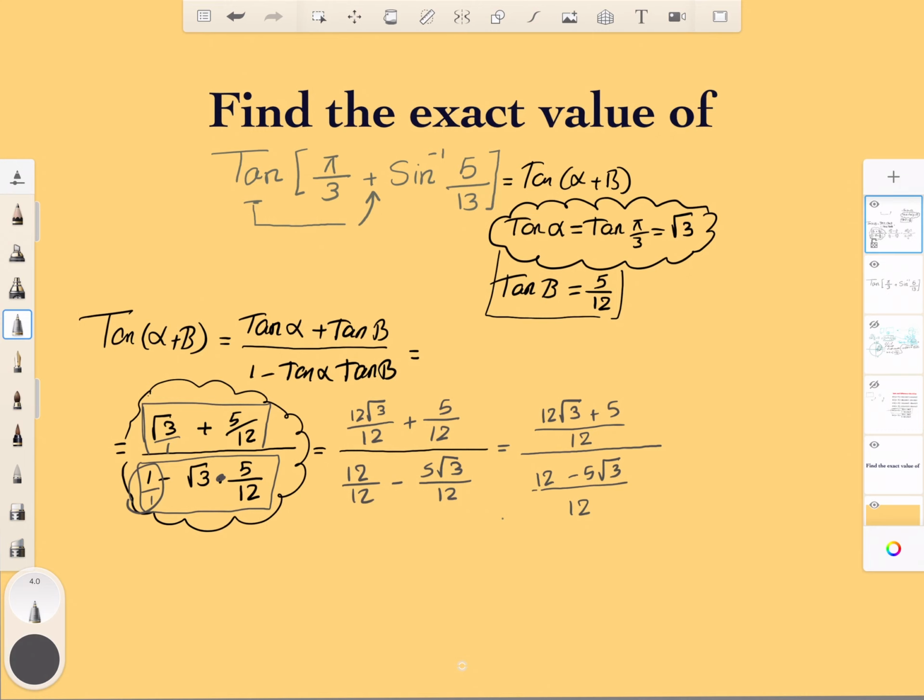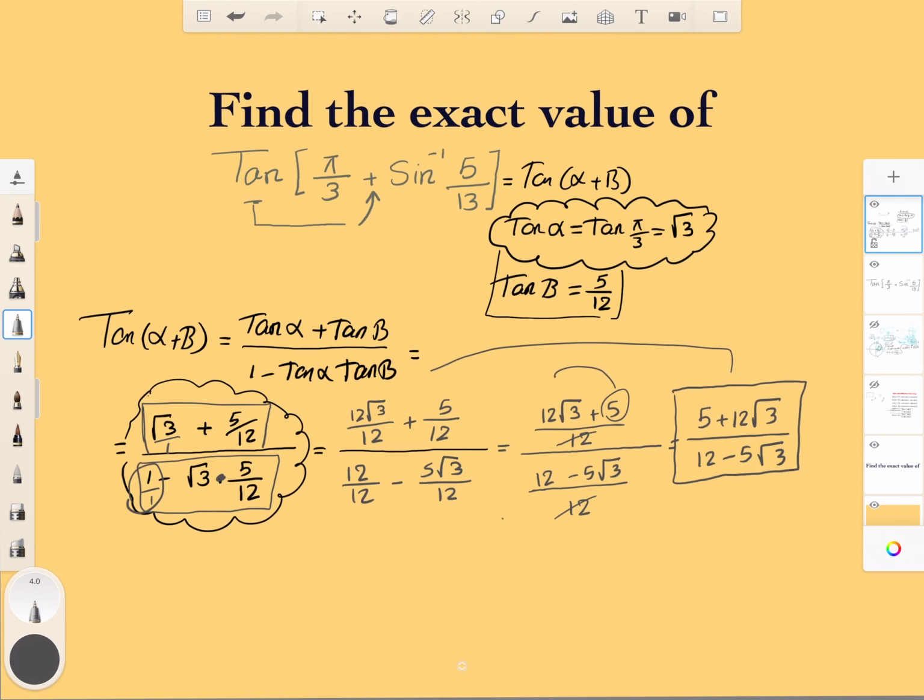So now this 12 and that 12, they cancel. We have 5 plus 12 root 3, I wrote 5 first and then 12 root 3, divided by 12 minus 5 root 3. So this is not the final answer, but this is much better than the previous one.